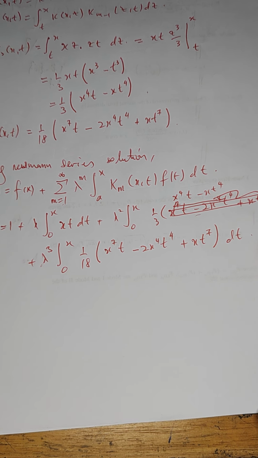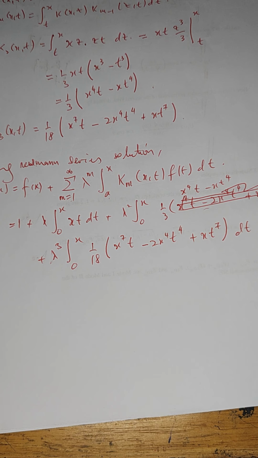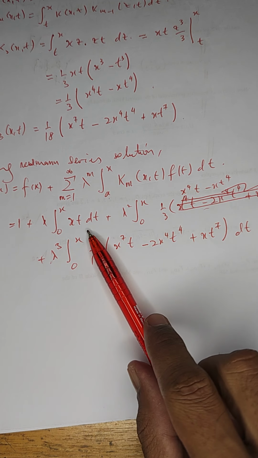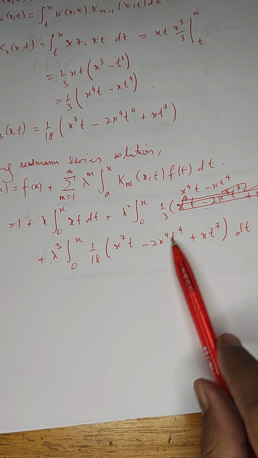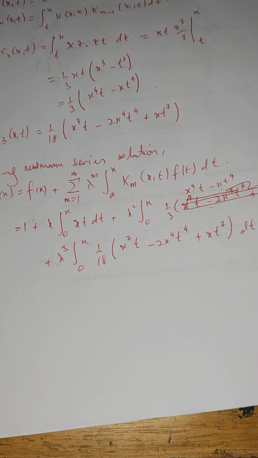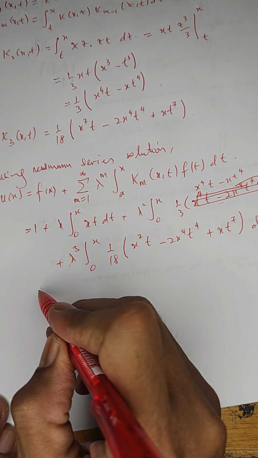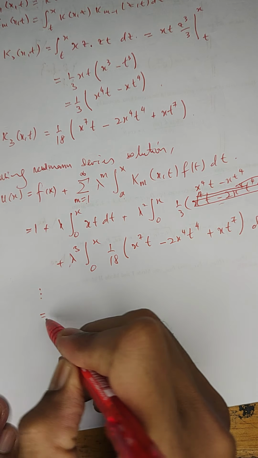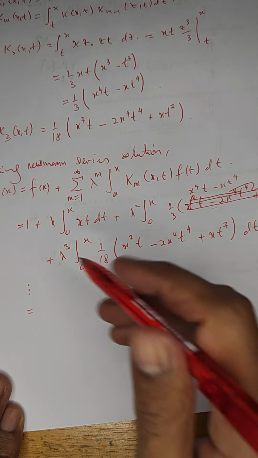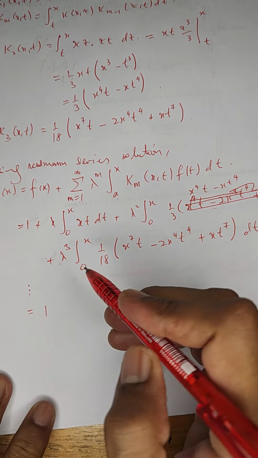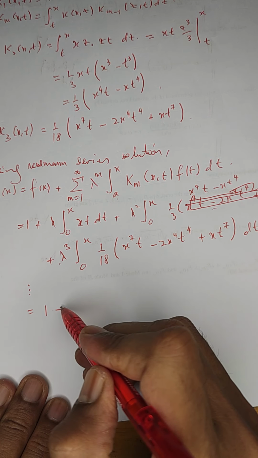If you proceed with this, because the integration is not difficult, you can just do it yourself. You will end up with a series that is not standard, where you cannot find the general term.